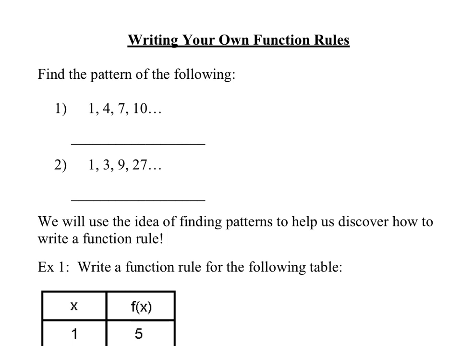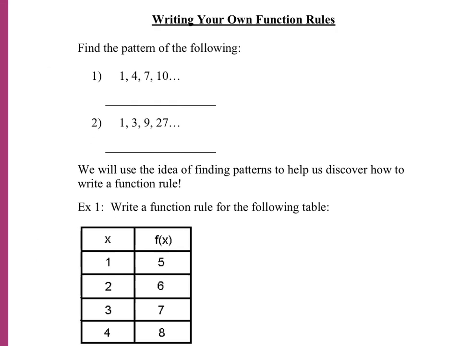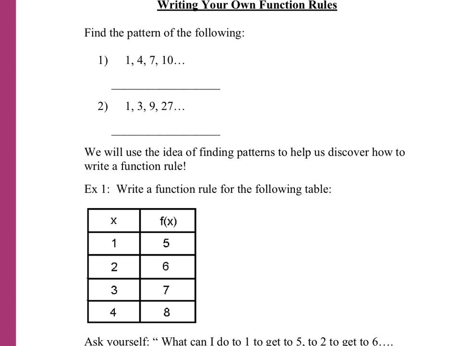Okay, so the first one we saw that if we add 3 the first time, 1 plus 3 is 4, 4 plus 3 is 7, 7 plus 3 is 10. Okay, so we're just going to write that the pattern is add 3. Yep, you can do a plus sign. Then we got 1, 3, 9, 27.